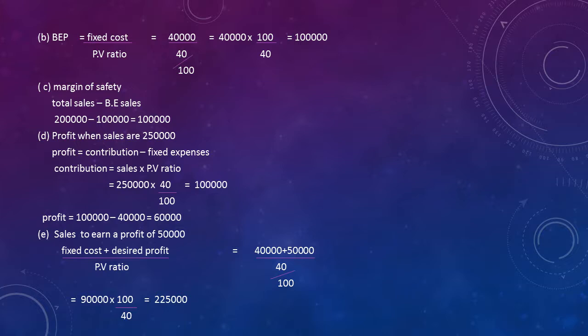We want to attain 50,000. So fixed cost plus desired profit means 40,000 plus 50,000 divided by PV ratio. The PV ratio we already calculated, 40 divided by 100. So now it comes to 2,25,000. If you are selling 2,25,000, then you will be able to earn a profit of 50,000.